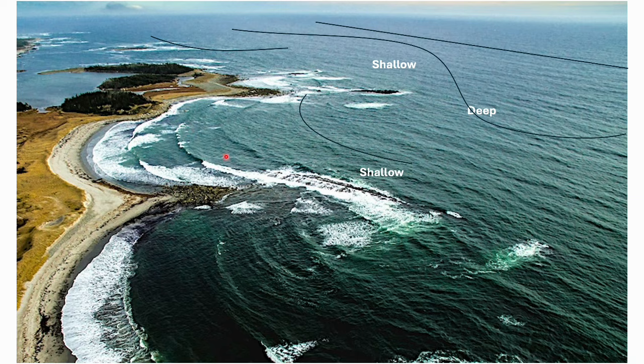But the other thing that happens, of course, is that the front of the wave hits the shallower region before the back of the wave. So the back of the wave starts to catch up with the front of the wave. And in fact, this is what produces breakers. This is basically the wave piling up on itself as it gets into shallower regions.